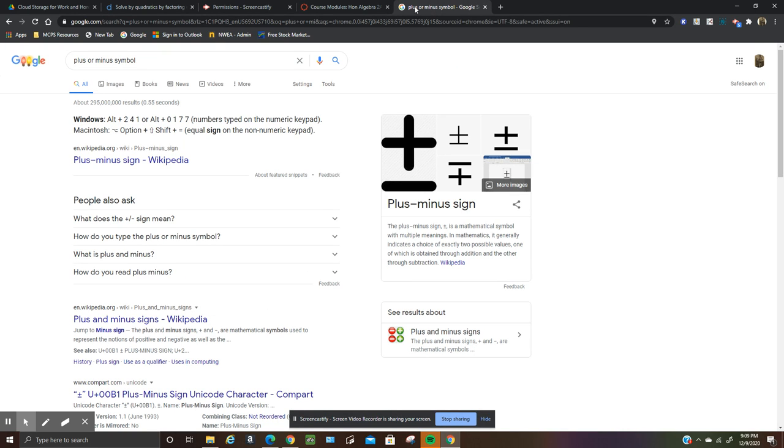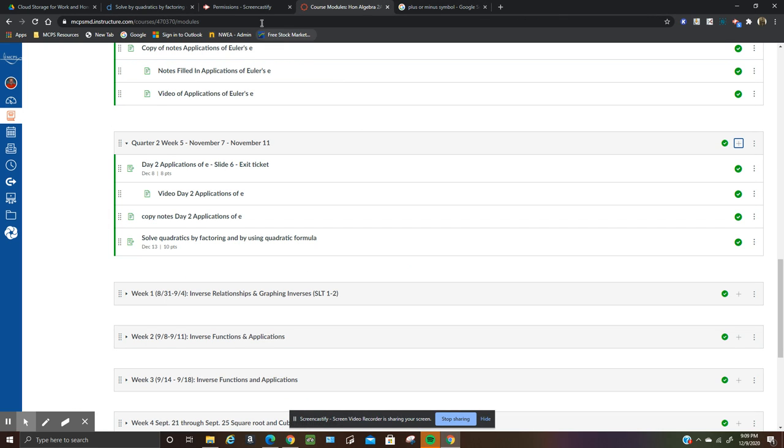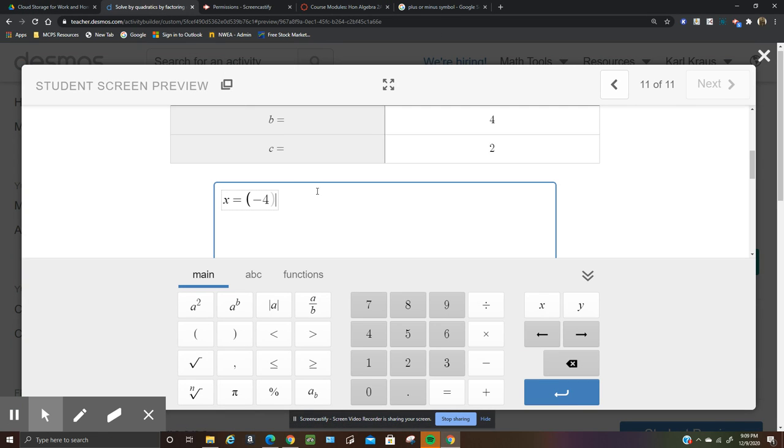You get the plus or minus, so Alt 241 on Windows.